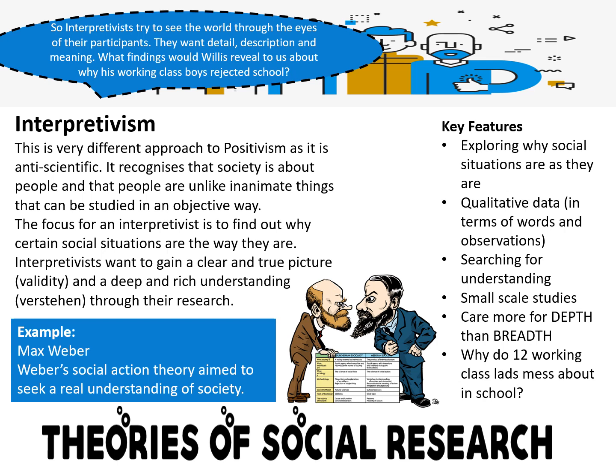So you could see these as looking at why things are happening in society rather than what is happening in society. And as one of the key features that I've put here, they care more about the depth and detail of what they're getting in terms of their study rather than the breadth. So for them, validity and verstehen are really important, whereas large-scale, representative, generalizable studies are not really their focus. Okay, so you need to pause and take some notes.